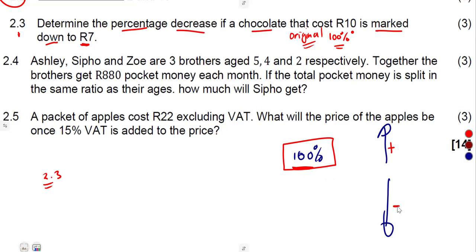A decrease, you subtract whatever you're given. So it affects the percentage as well. In our case, they are saying determine the percentage decrease. This is the one that we are talking about.